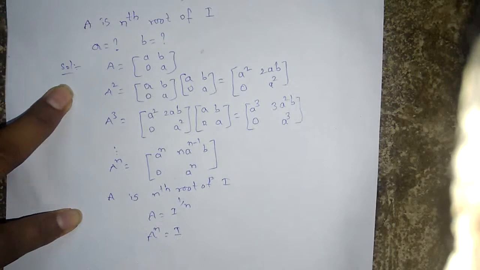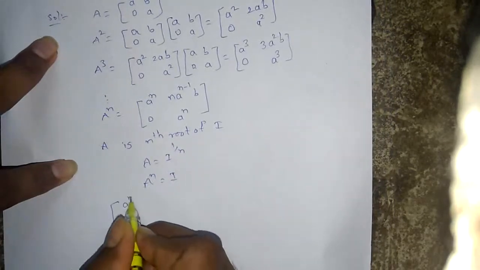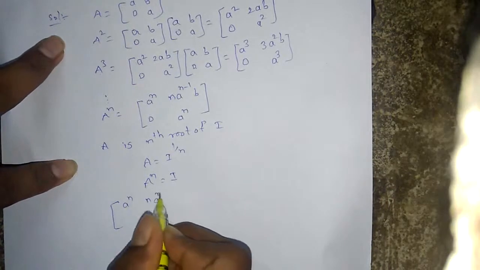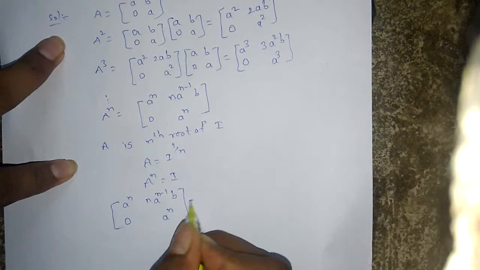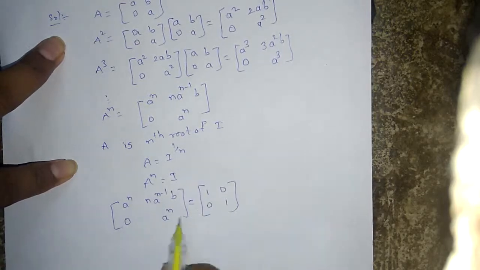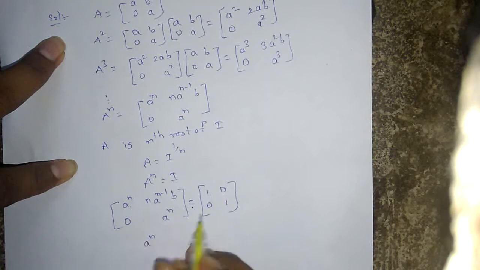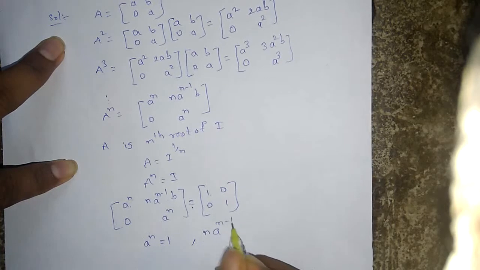A power n is equal to I means a power n, n a power n minus 1 into b, 0, a power n, that is equal to I, the identity matrix 1 0 0 1. So here equality of matrices is there, comparing the corresponding elements, a power n is equal to 1. Similarly n into a power n minus 1 into b is equal to 0.